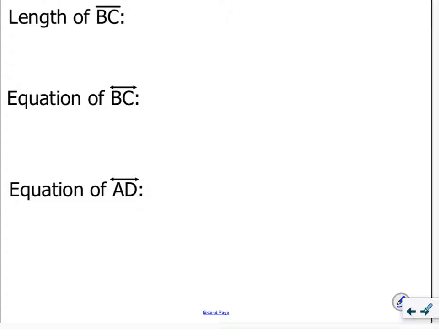So first, if we're going to find the length of BC, and again, B was at -6, -4, and C was at 4, 1. So the distance between them then, I'm going to do my distance formula. Take my big old square root, and I'll do -6 minus 4 squared, difference of the x's.